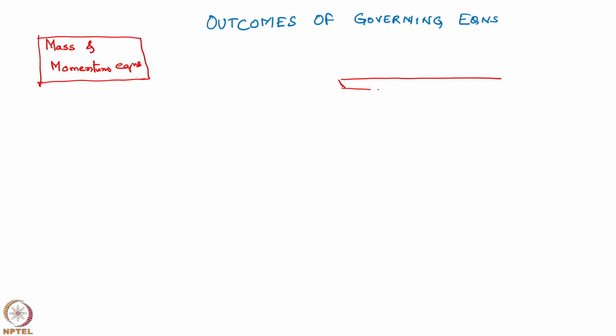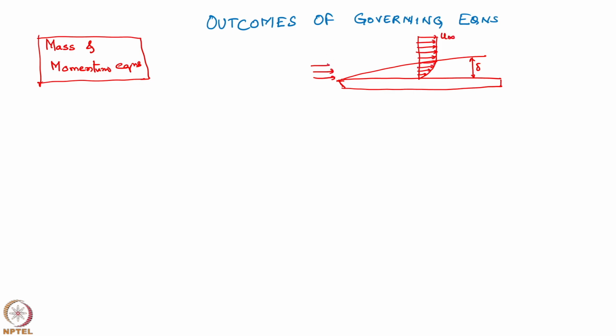This is valid for flow in a pipe also, but I am taking flow over a flat plate. There is a boundary layer in which the viscous effects are important, and outside the boundary layer there are no viscous effects, and this is the velocity profile, and the free stream velocity is u infinity.